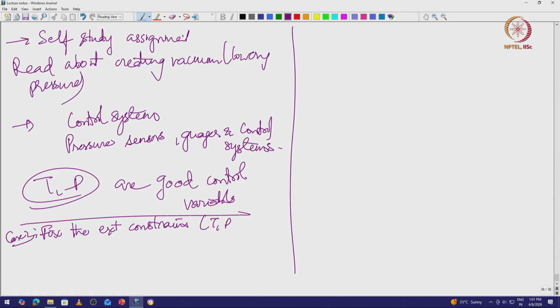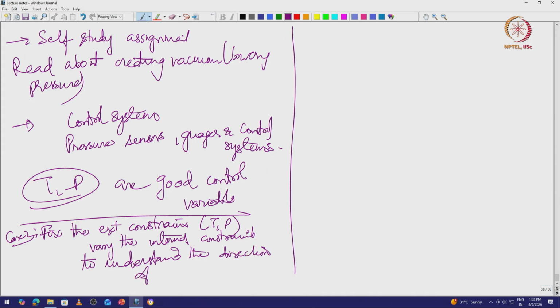In case 1 we fixed temperature and volume, and in case 2 we are fixing temperature and pressure, and varying the internal constraints to understand the direction of equilibrium.